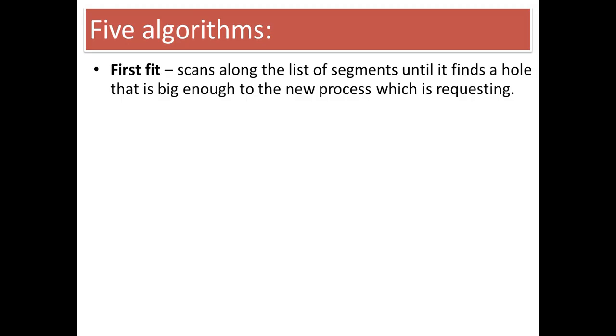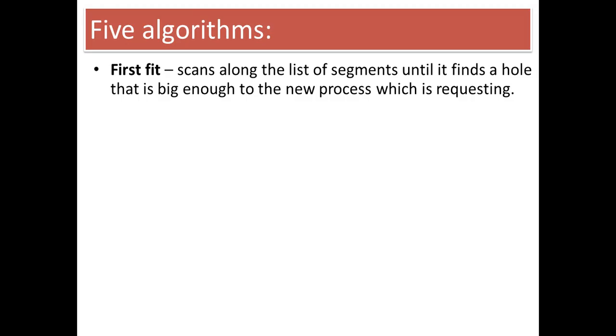The main concept is that searching starts from the start of the memory index to find a matching size for the new requested process. That matching size might be equal to or more than the requested size, but it cannot be less.